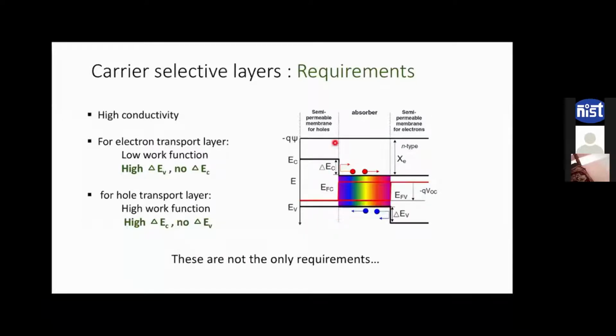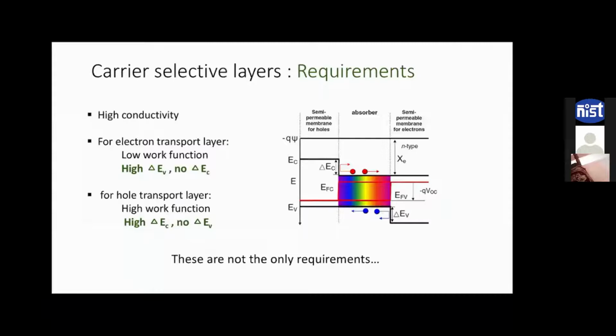Once a hole crosses this junction, it should flow very nicely across this hole transport layer and get collected to the outer circuit. So the primary requirement for this hole collecting layer is to have high conductivity for holes. And in order to remove any barrier at the junction, we require very little or ideally zero valence band offset at this interface.